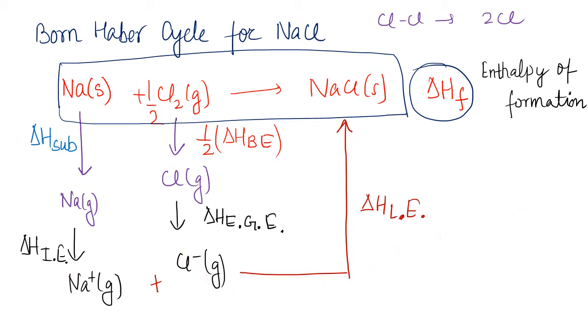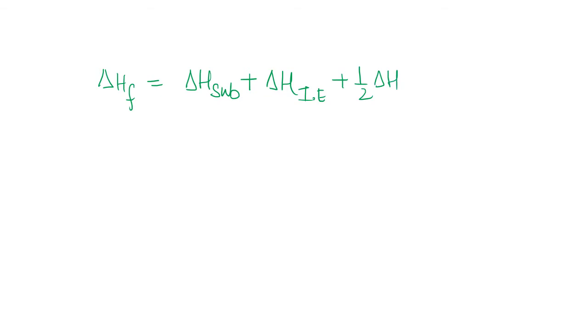So what we can do, you can write down in your notebook, delta H formation is equal to delta H sublimation of sodium, delta H ionization energy, half of bond energy plus electron gain enthalpy plus lattice energy. These so many steps will form the heat of formation.